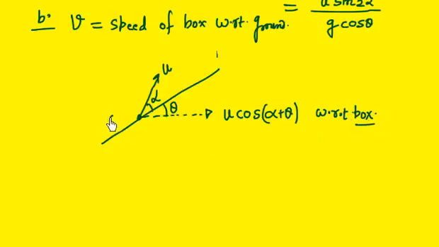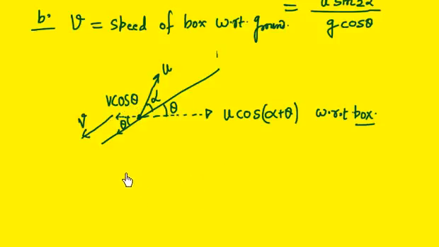But the box itself has a velocity in this direction, and this velocity is v. So what is the velocity of the box in this direction? Can you calculate this one? If in this direction your velocity is v, and this angle is theta, then in this direction you will have a speed v cos theta.